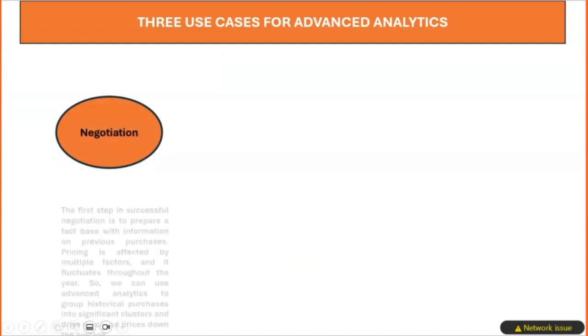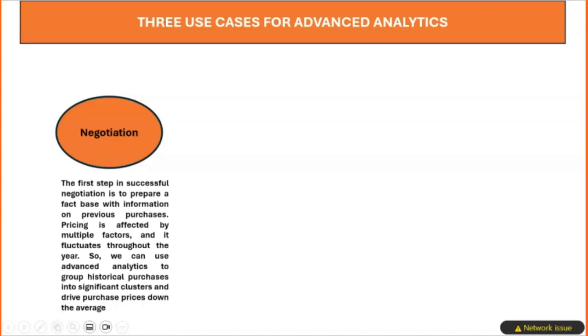negotiations. The first step in successful negotiations is to prepare a database with information on previous purchases. One manufacturer illustrates the complexity of this task. He spends hundreds of millions of dollars on raw materials through tens of thousands of transactions with hundreds of vendors.